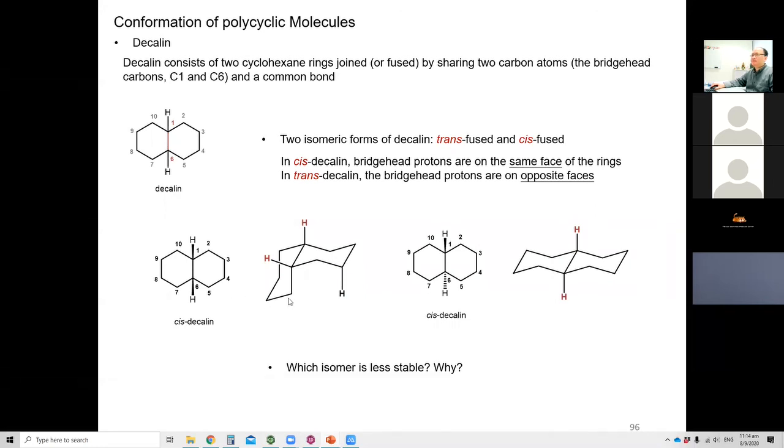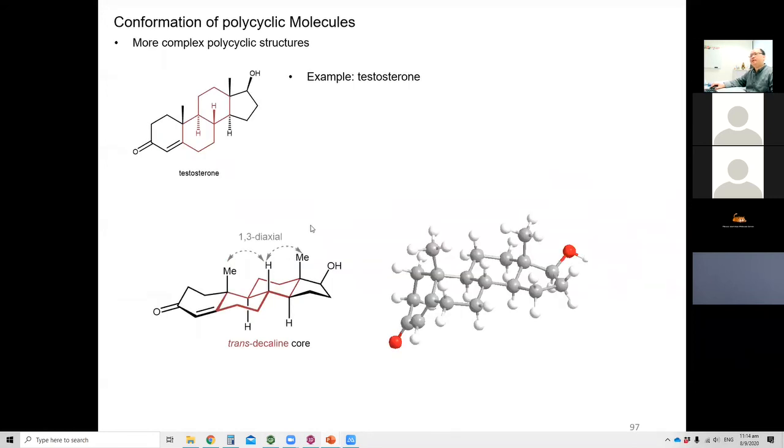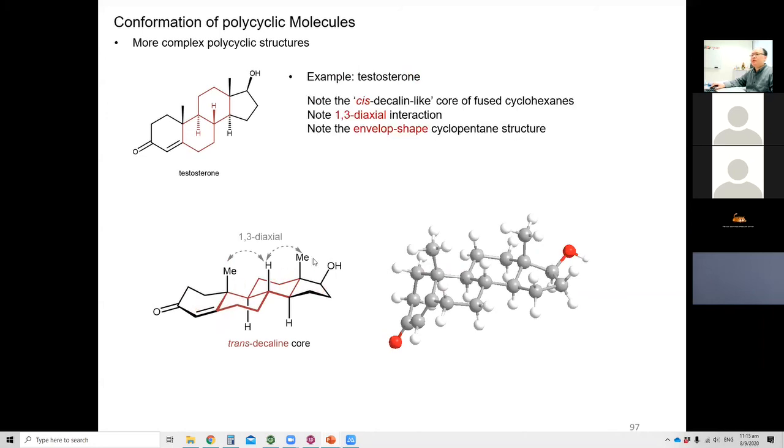And okay. So if we go to more complex polycyclic structures, for example, testosterone, we have these 4 rings fused together, okay? And what I want you to note is that it has a trans decalin-like core, with 2 hydrogens on the axial positions, instead of the less stable cis.